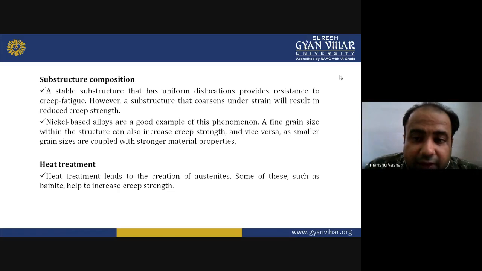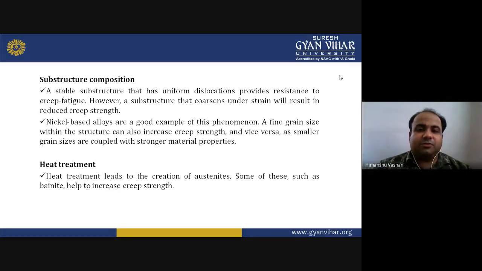A fine grain size in the structure can also increase creep strength, and vice versa, as smaller grain sizes are coupled with stronger material properties.